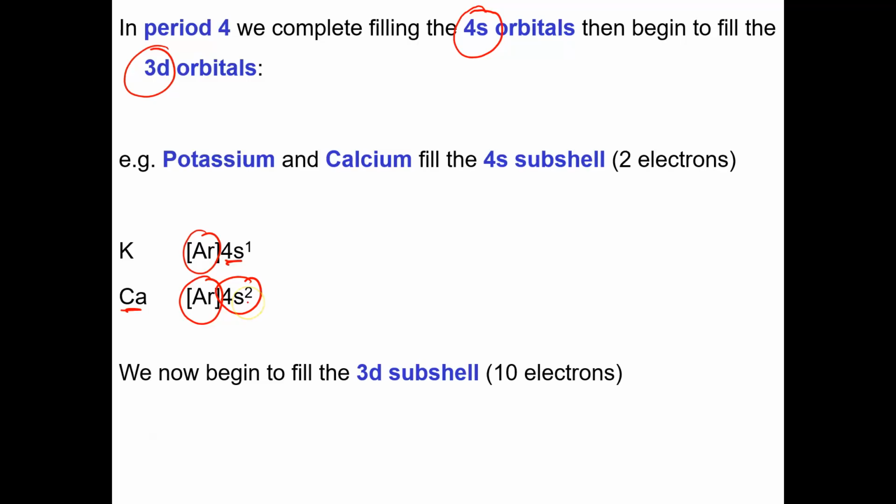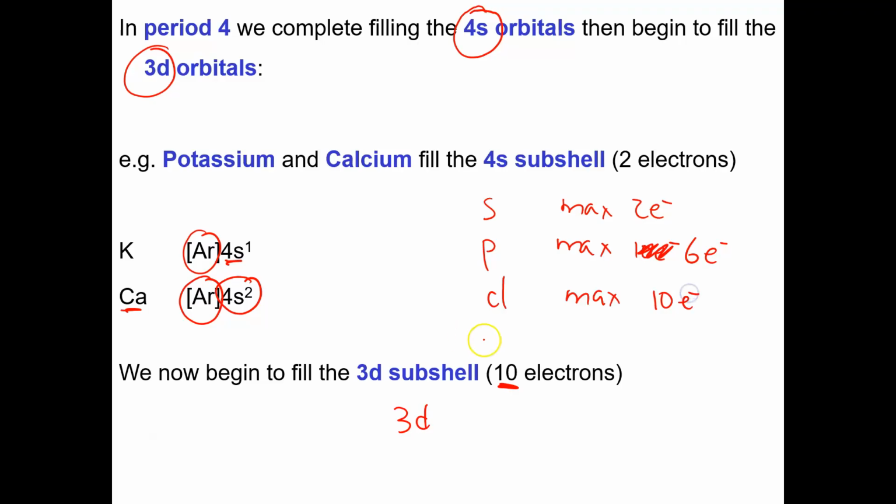Now we've filled the 4s subshell, the next subshell is going to be the 3d, and we're going to be filling that for quite a while because d subshells hold 10 electrons. So just remember, s subshells have a max of 2 electrons, p have a max of 6 electrons, d have a max of 10 electrons, and f have a max of 14 electrons.